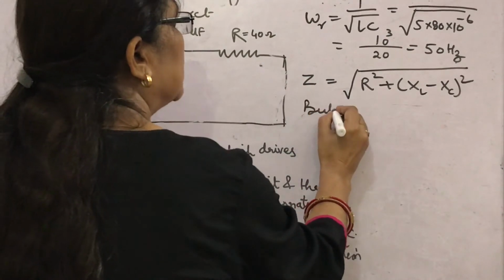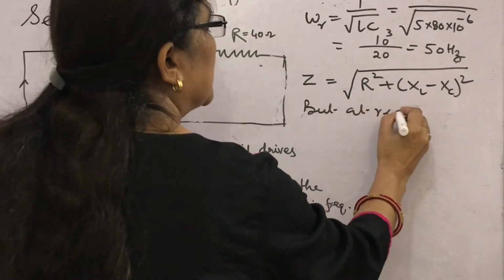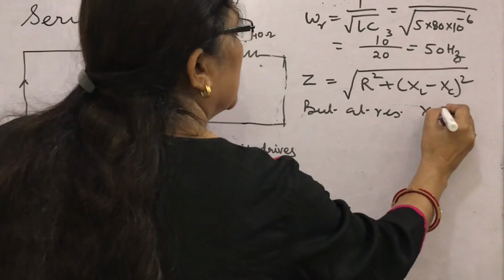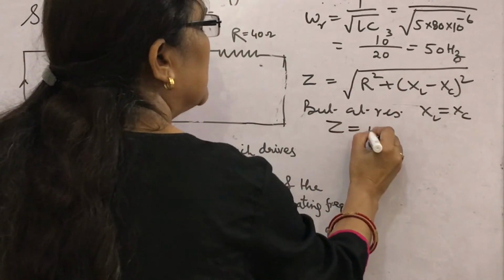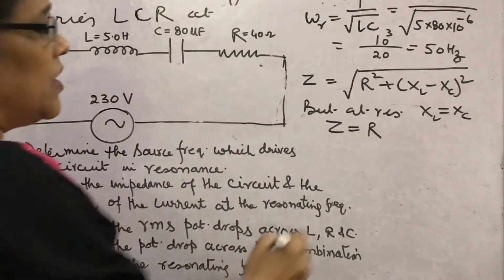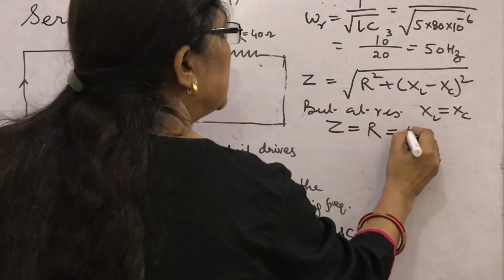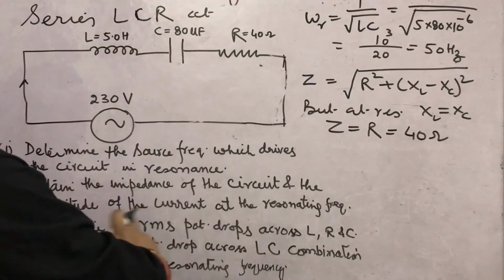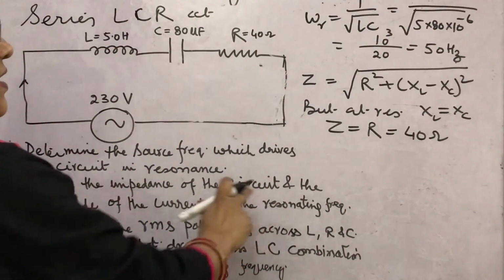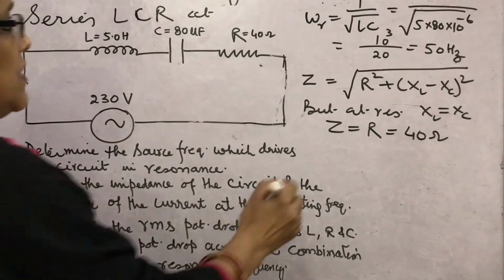But at resonance, what do we observe? XL equal to XC. So what will Z become? Z is simply R. And what is the value of impedance? R, that is 40 ohm.